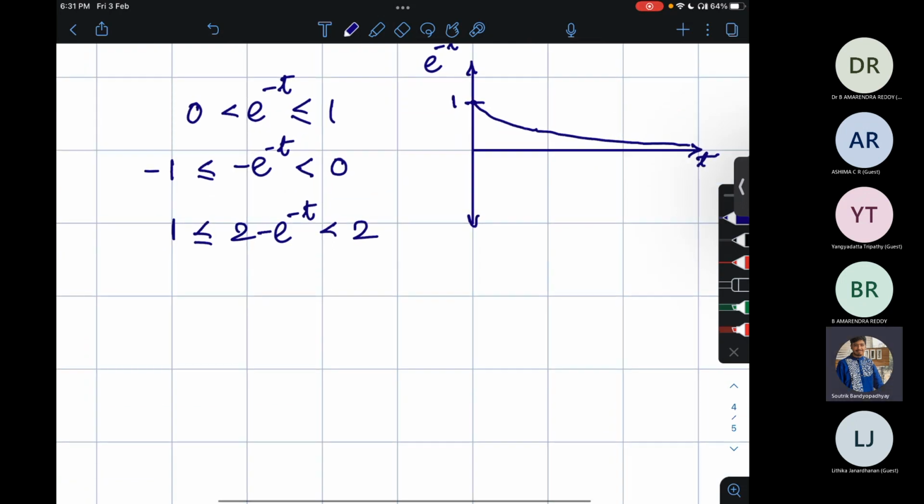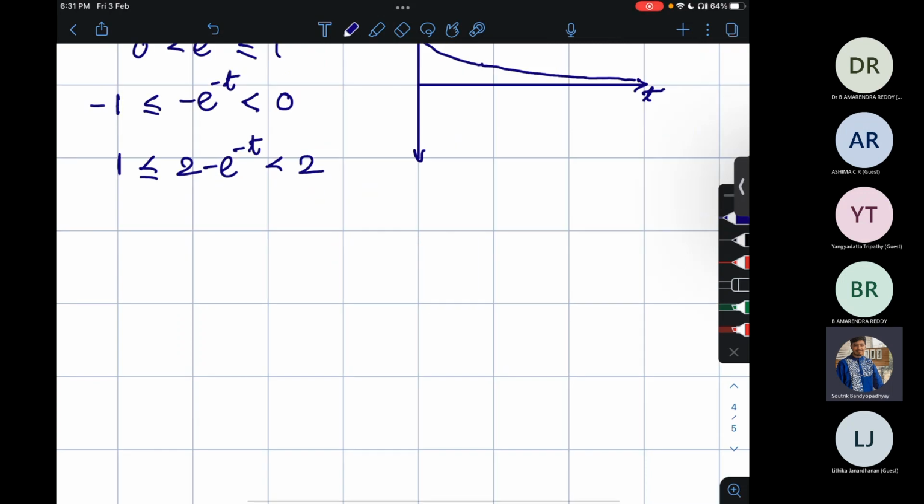I'm just performing basic inequality manipulation, right?